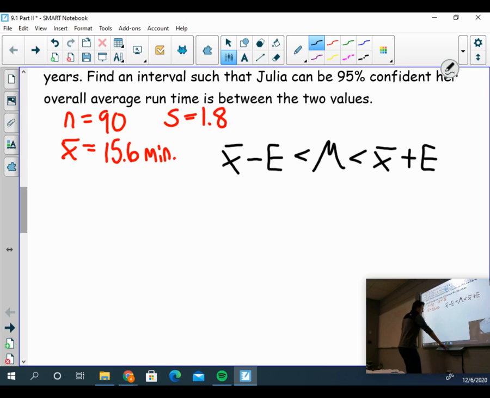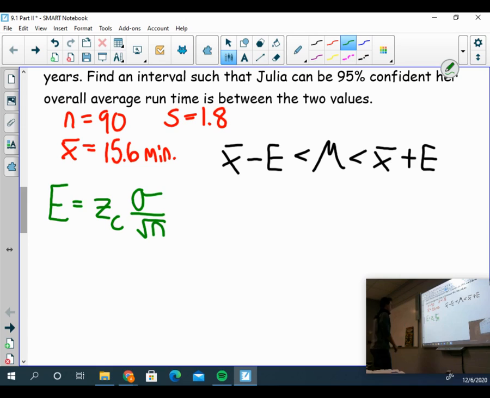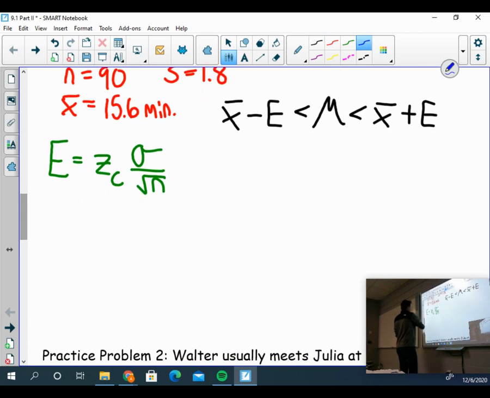Well, we know our formula for error is our critical value times our standard deviation divided by the square root of the sample size. Well, what's our critical value?